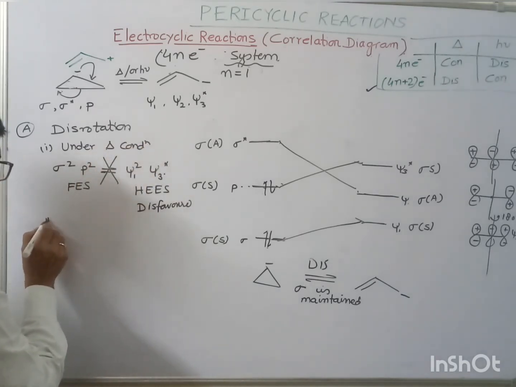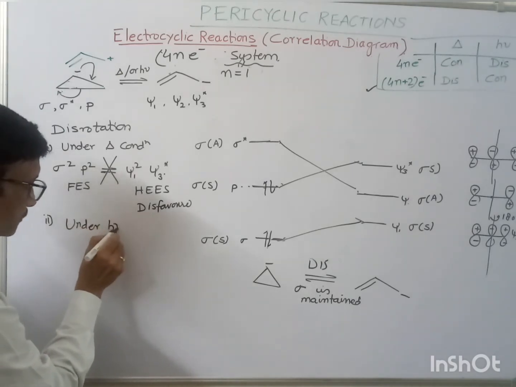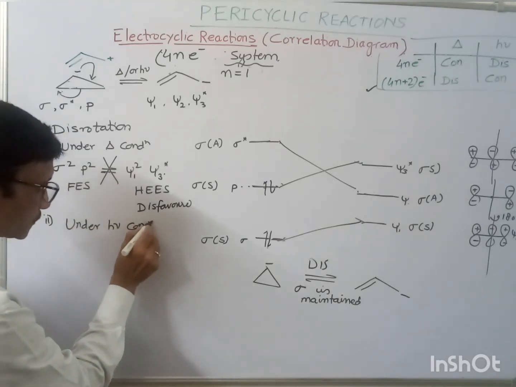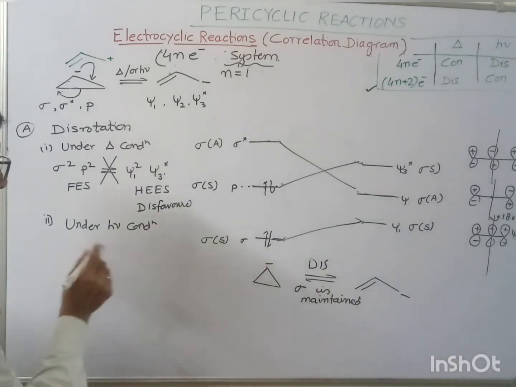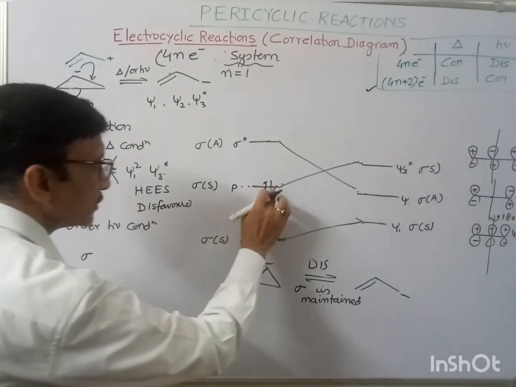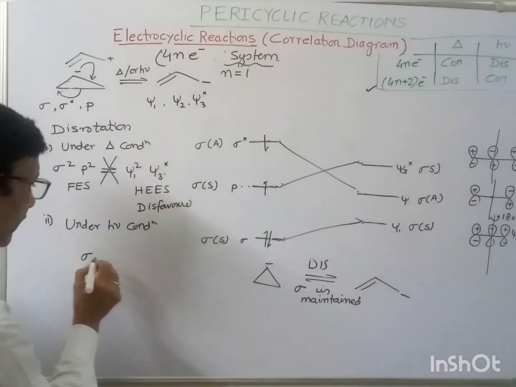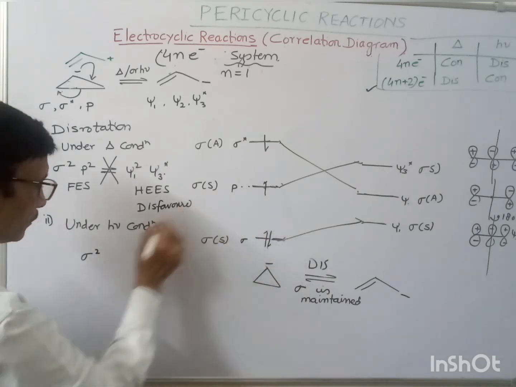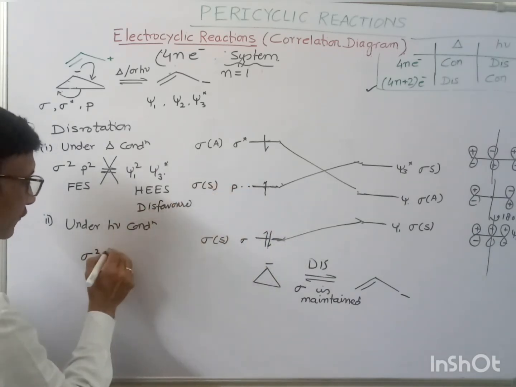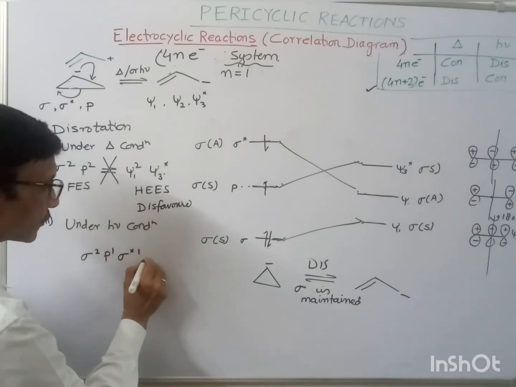Now we can check for the photochemical condition. Under photochemical condition, this electron will get excited to here. Sigma is having 2 electrons, the p molecular orbital is having 1 electron, and the sigma star molecular orbital is having 1 electron.